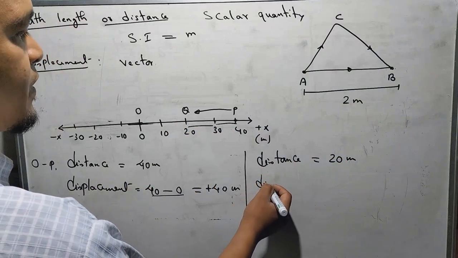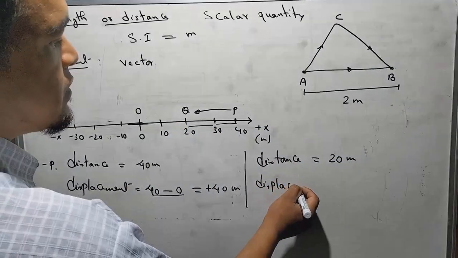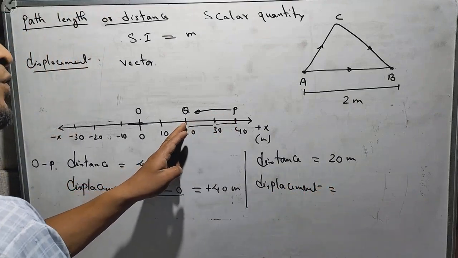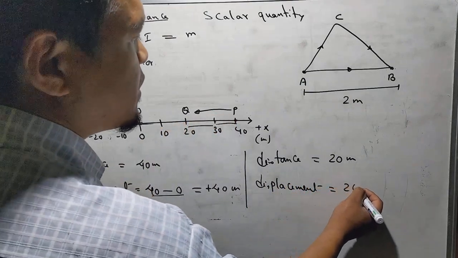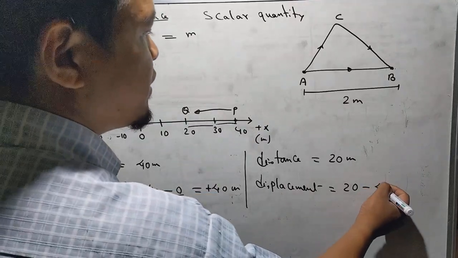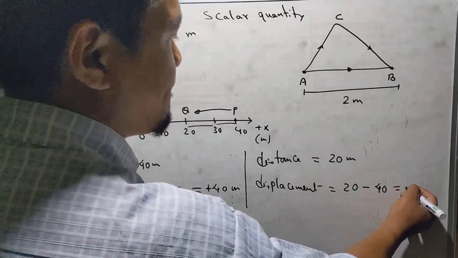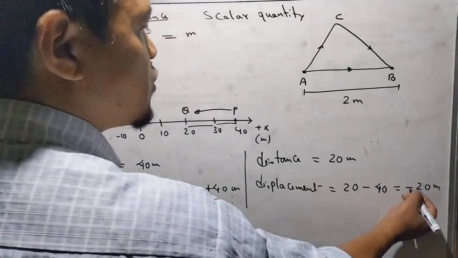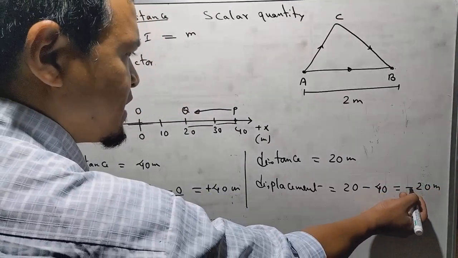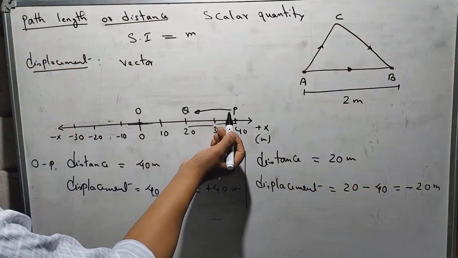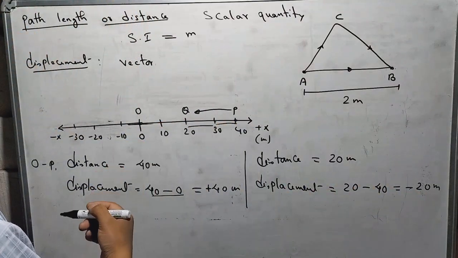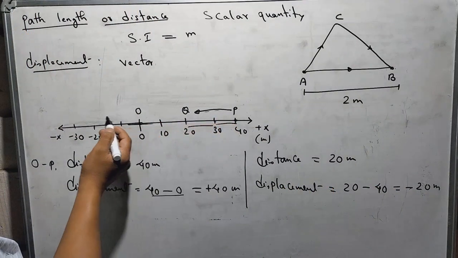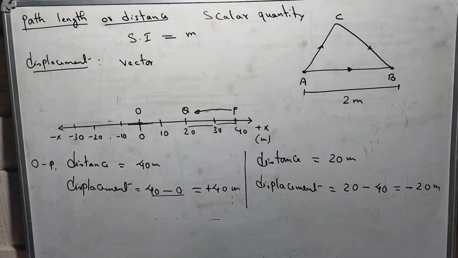What about displacement? It starts from P and ends at Q. So the final position 20 minus the initial position 40 gives minus 20, because 40 is greater than 20. So the answer comes out to be negative. This negative sign shows the direction of the displacement. So the displacement in this case is directed towards the negative side of the x-axis.